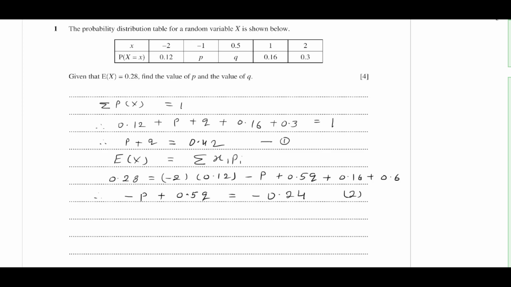So the value of p we will get 0.3. So our final answer is p is 0.3 and q is 0.12. Okay, so this is our p and q.